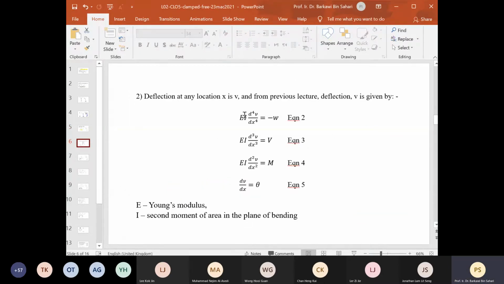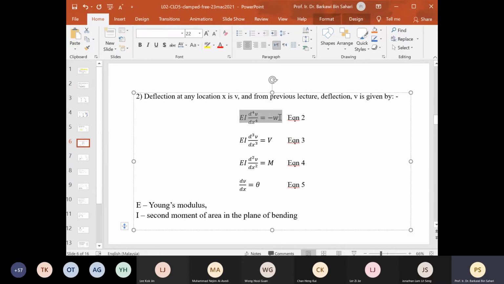Now deflection, this is the general relationship between bending moment, shear force, deflection, and slope. For bending, we have seen this one before. EI d4V dx to the 4 is minus W, where W is the uniform distributed load. EI d3V dx cube equal to V. And EI d2V dx square equal to M. The slope dV dx equal to theta.